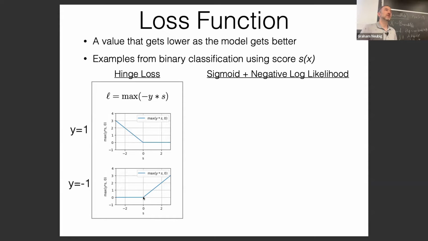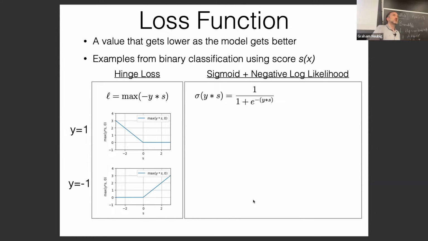And if the label is -1, we have a loss if the input value x is greater than 0. Another way to put this is if we make a mistake by saying something that has a label of 1 gets a score of less than 0, then we get a loss. And if we make a mistake by saying something with a label of -1 has a score of more than 0, then we also get a loss.